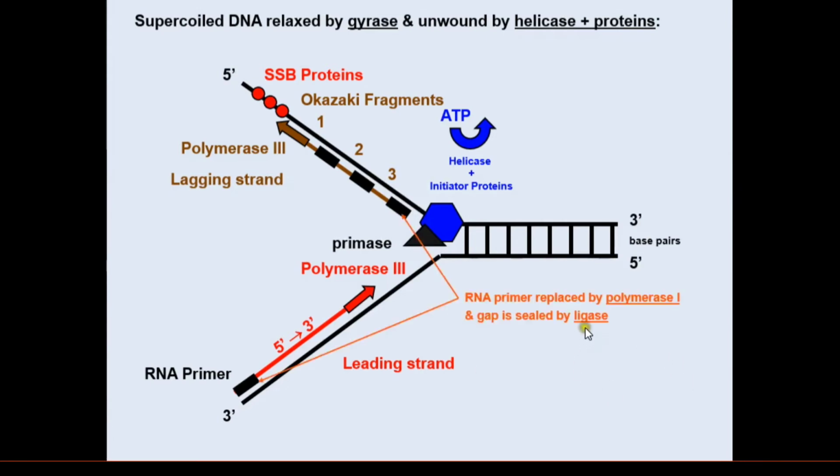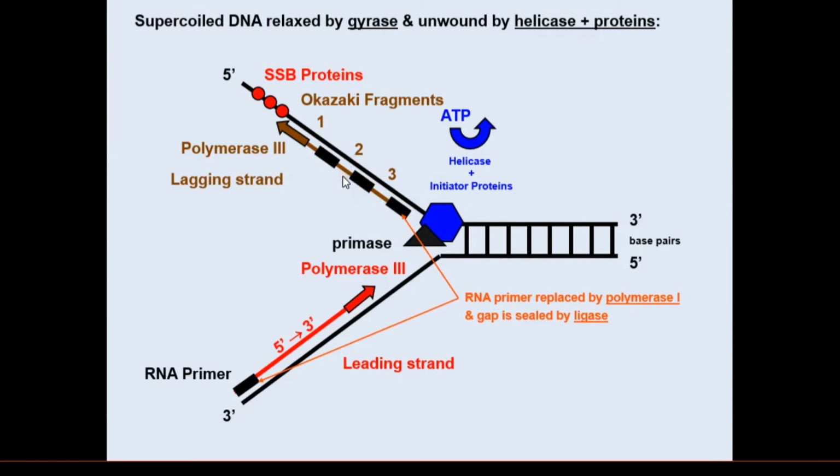For separate pieces, multiple primers are required. For the leading strand, only one primer is required because the leading strand is replicated continuously, while for the lagging strand, multiple primers are required because the lagging strand is replicated in short pieces called Okazaki fragments.